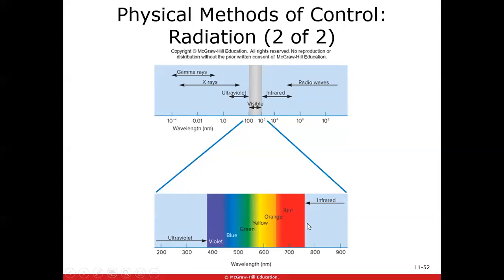And then above 760, you have infrared. Above 760, but below 1,000, that's the infrared, over there on that side. And below about 380, you have ultraviolet, and that's over on this side, 380 just on this side of 100, ultraviolet.